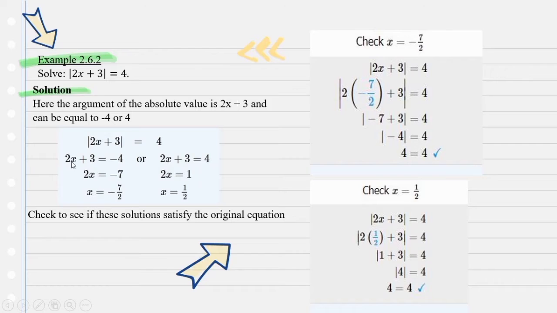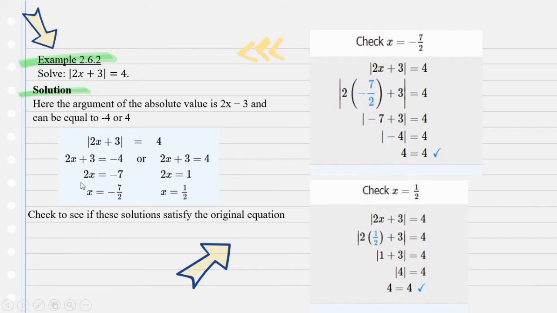You make two equations: 2x plus 3 equals -4 or 2x plus 3 equals 4. For the first equation, subtract 3 on both sides. The left, subtract 3, the right, subtract 3.